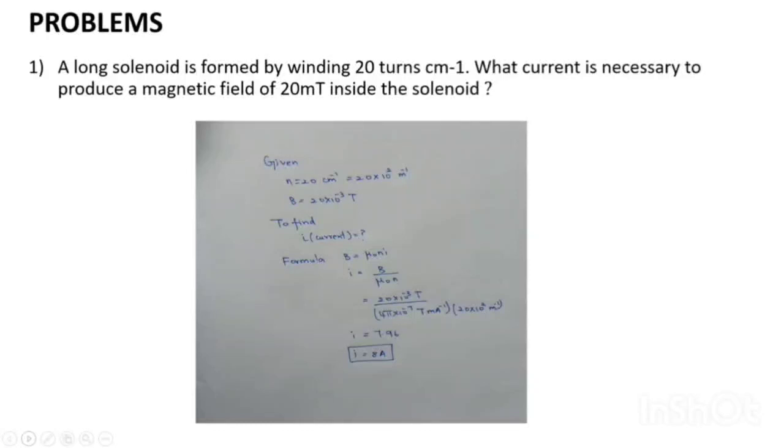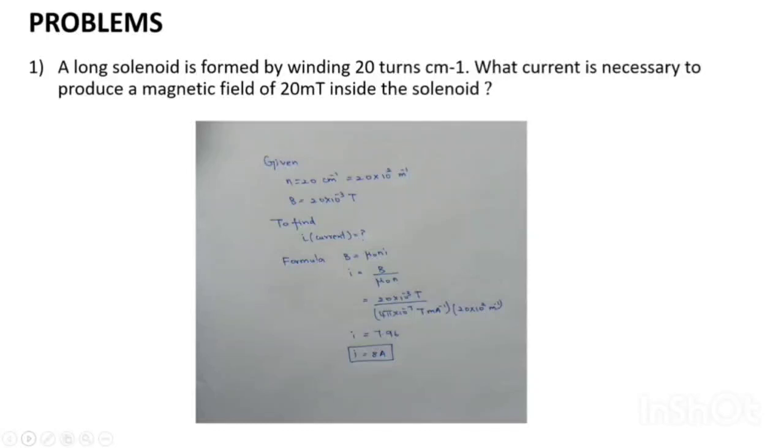To find the current inside the solenoid, we use the formula of the magnetic field due to a solenoid, that is, B is equal to mu naught nI. From this, we can write I is equal to B divided by mu naught n. Substituting the values of B, mu naught and n, that is, B is 20 into 10 to the power of minus 3 Tesla divided by 4 pi into 10 to the power of minus 7 Tesla meter ampere inverse into 20 into 10 to the power of 2 meter inverse.